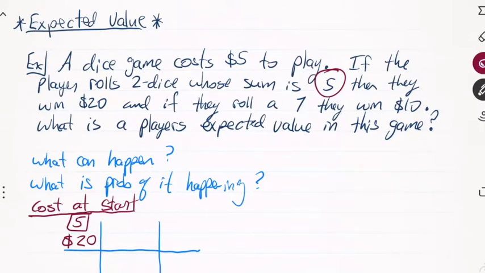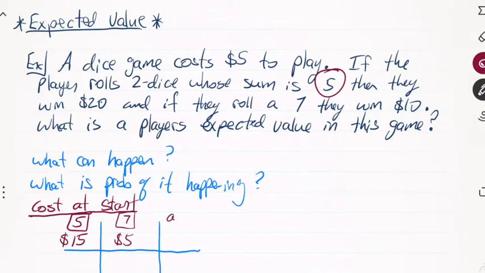They're only getting 15. So actually, if they roll a 5, they win $15. If they roll a 7, the money that they'll be given is $10. But again, they've already paid $5, so they're only going to win $5.